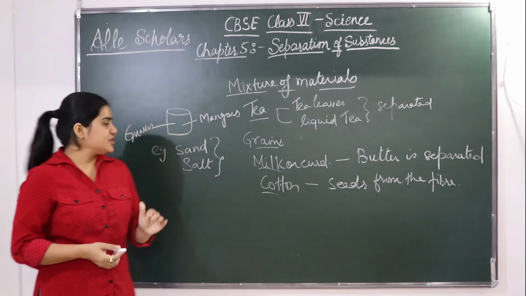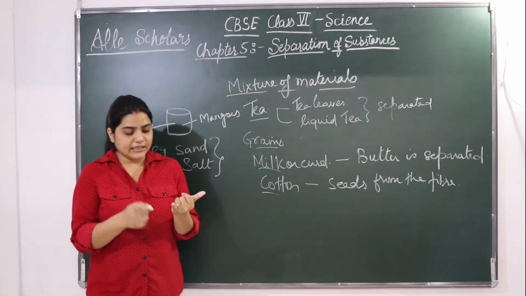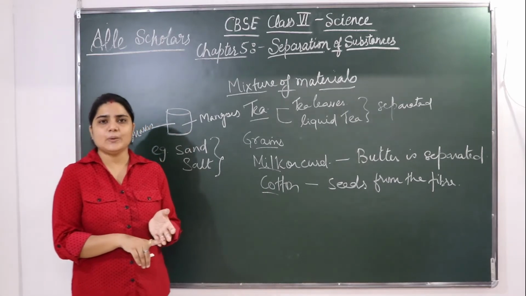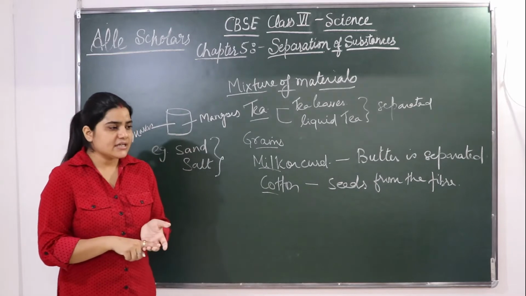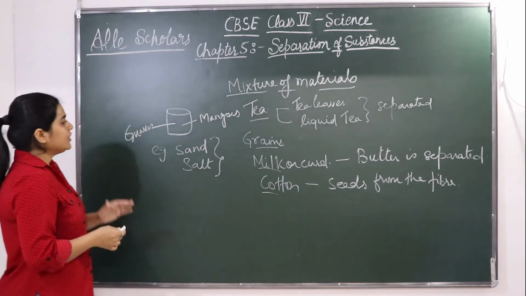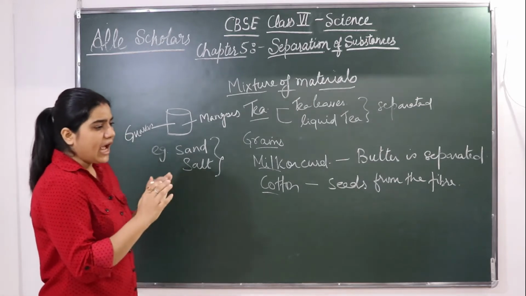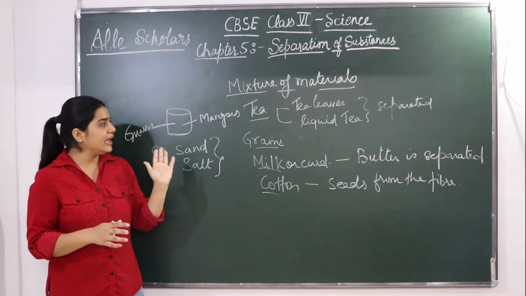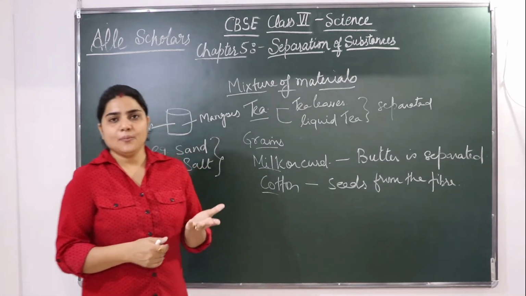So this separation can be of any kind. It can be a solid to solid separation, solid and liquid separation, gaseous separation, or any kind of separation. So we have to separate substances that are mixed together if they have different properties.